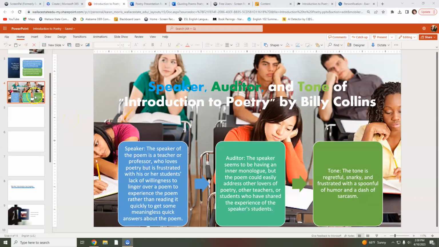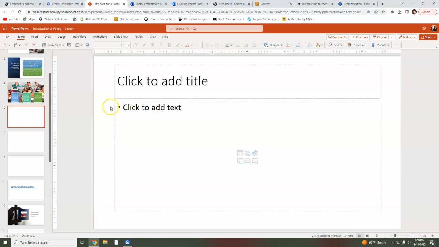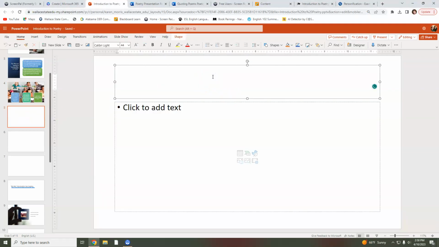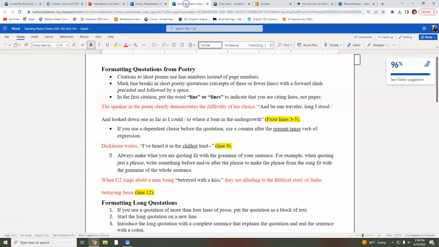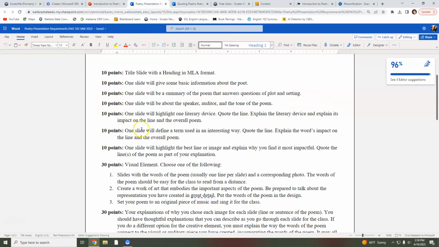So here I am. I'm going to go to a new slide, and this is my personification slide now because that's what I have chosen to highlight. Let me remind myself what my instructions are. Let's see. Quote the line, explain the literary device. Highlight one literary device.